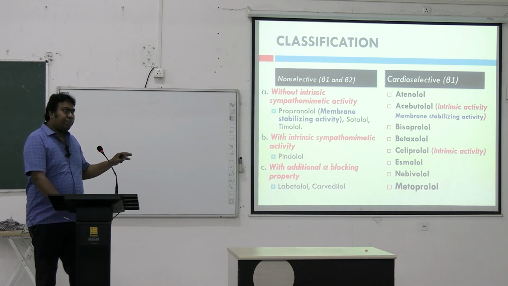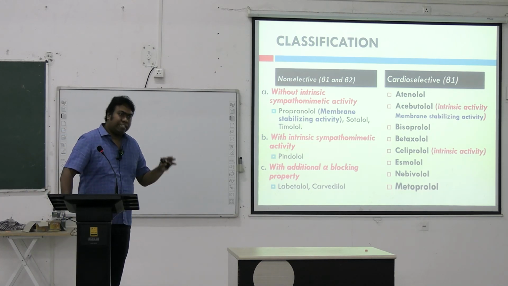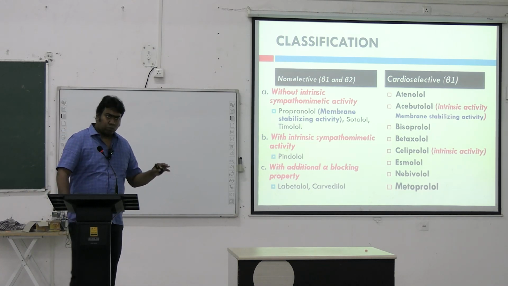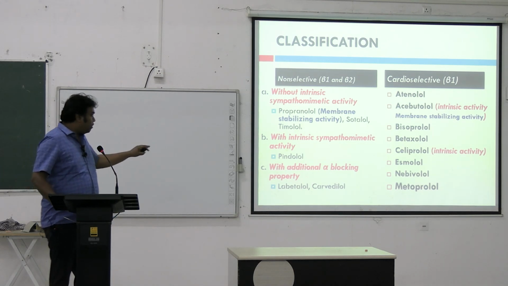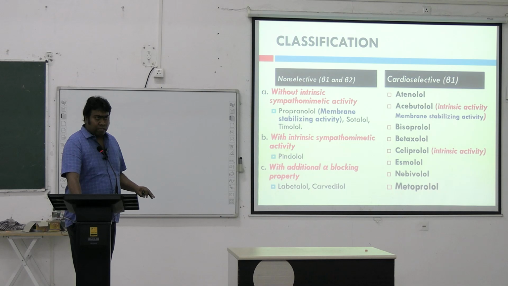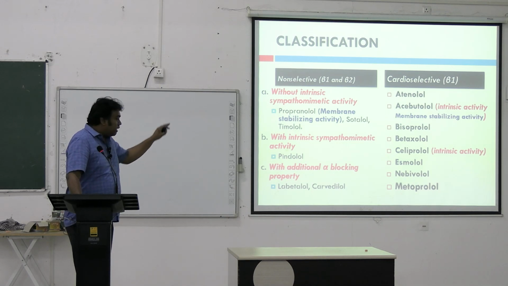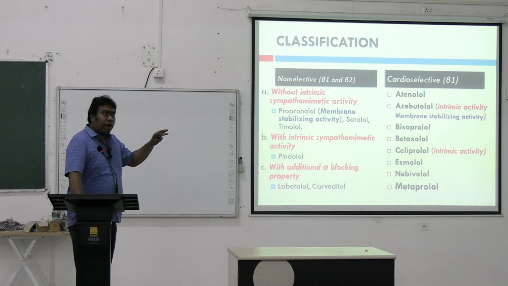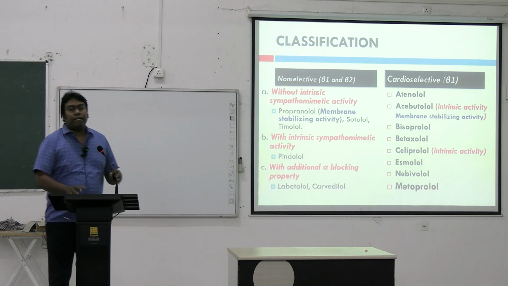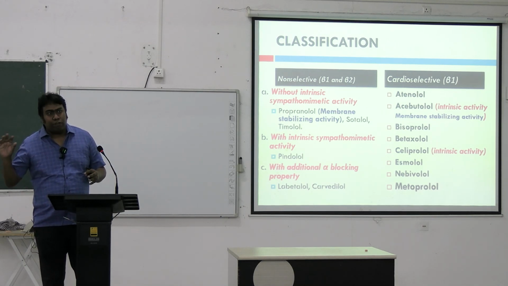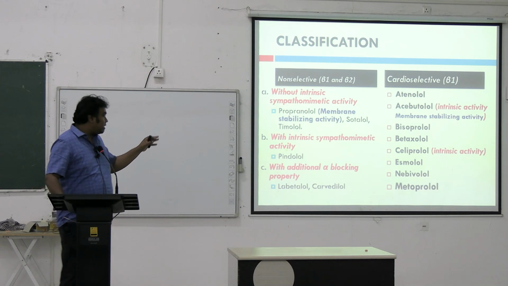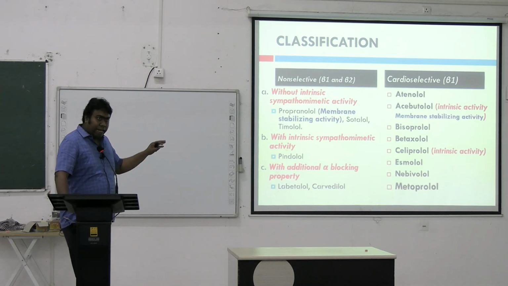Cardio non-selective, we can divide it into 3. One is with alpha blocking activity: carvedilol and labetalol. Then with intrinsic sympathomimetic activity, that means it is a beta blocker along with some partial agonistic action on the beta receptor: pindolol. Then without, there are 3 you have to remember.